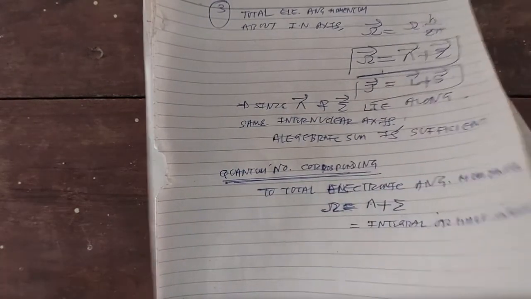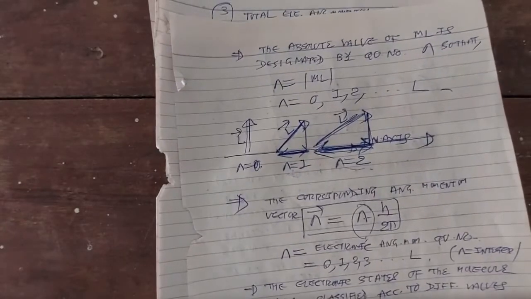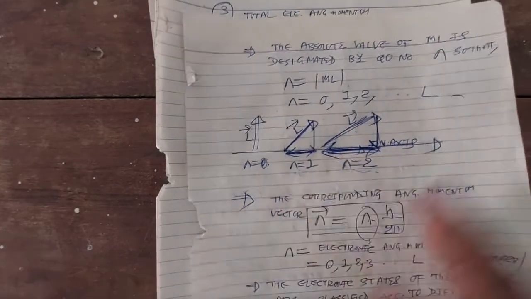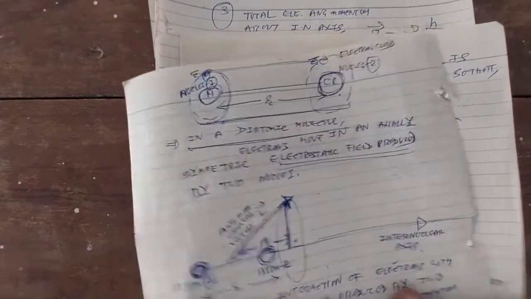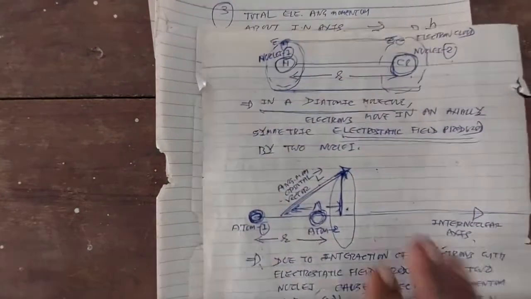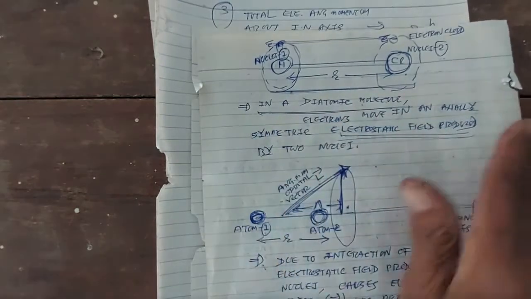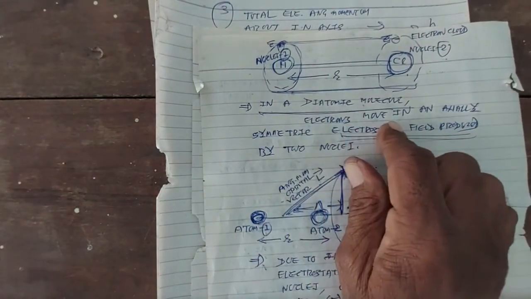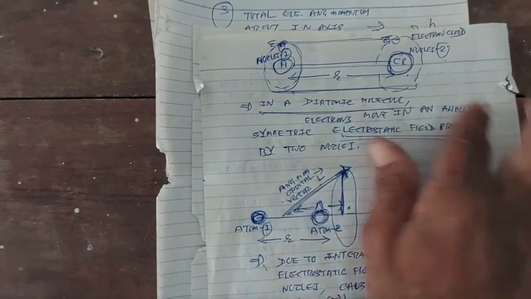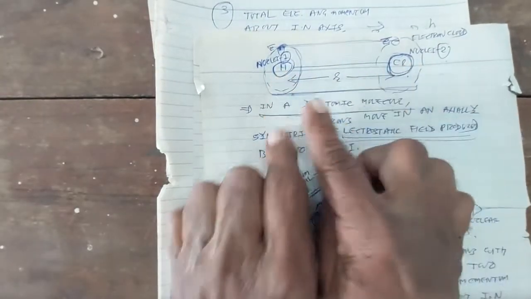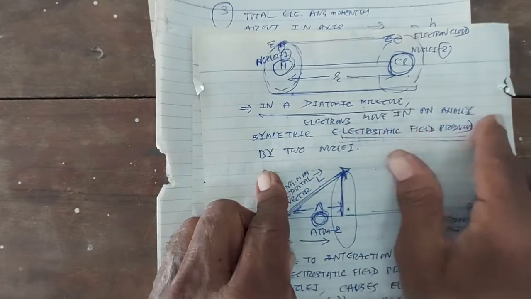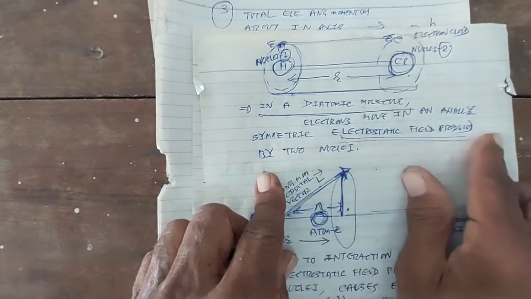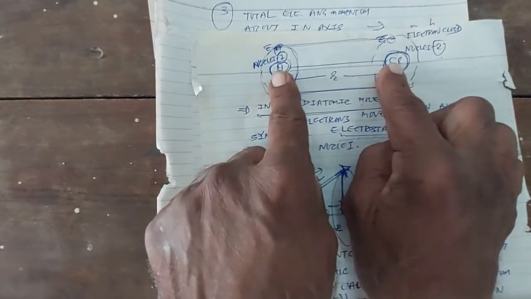So in the first lecture we have discussed three quantum numbers, okay? We have also discussed that in a diatomic molecule, the electron cloud is moving in the electrostatic field produced by the two nuclei of the molecule.